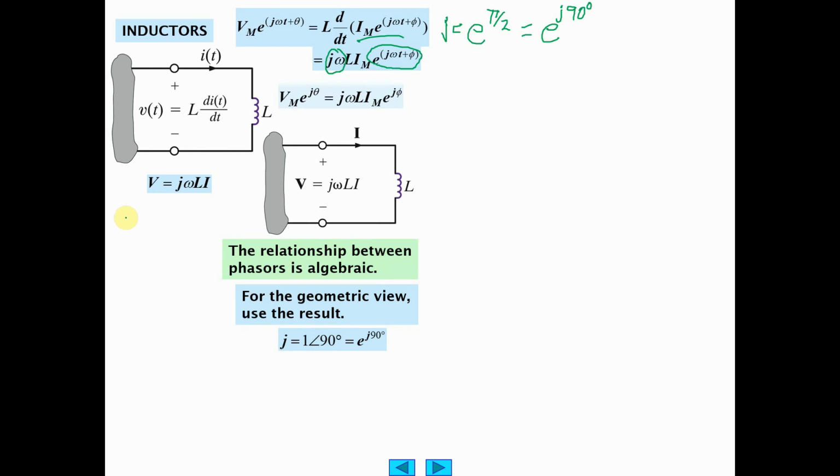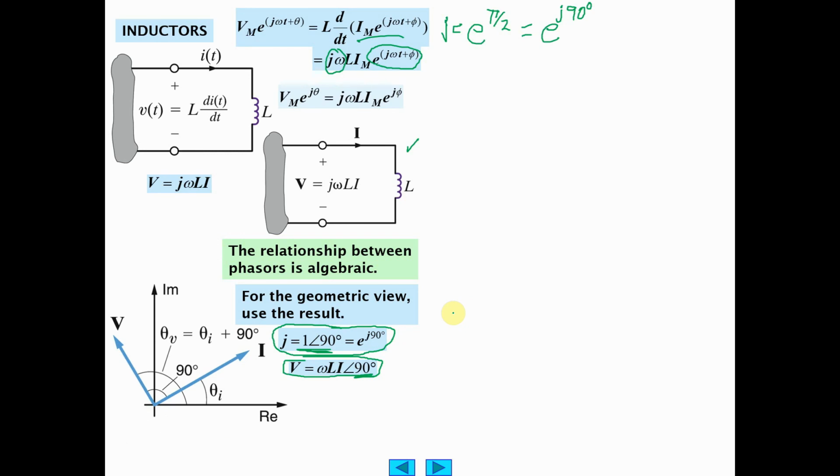There. That's exactly, as phasor notation, what I just said, right here. And the book author converted it to phasor notation. Okay, so the relationship between voltage and current for an inductor, for this inductive circuit, is given by this. And this expresses the idea that the voltage leads the current.